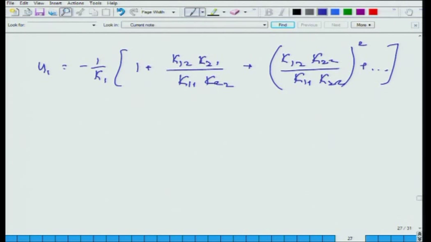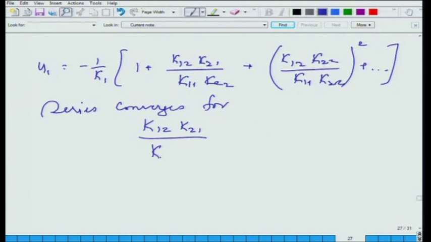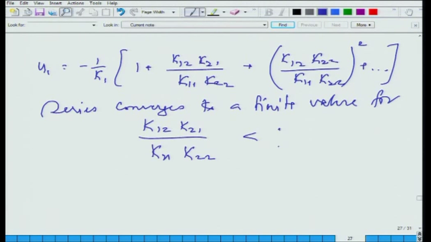This infinite series will converge to a finite value if and only if this multiplication factor, k12 k21 divided by k11 k22, is less than 1.